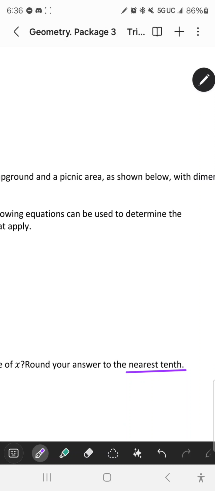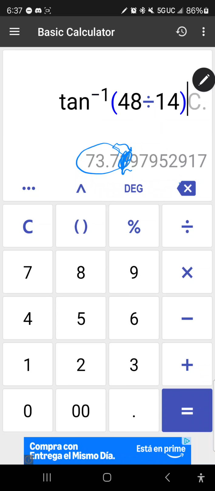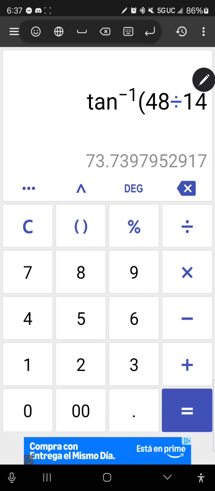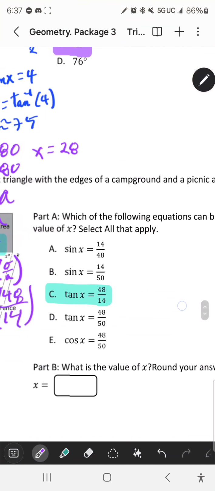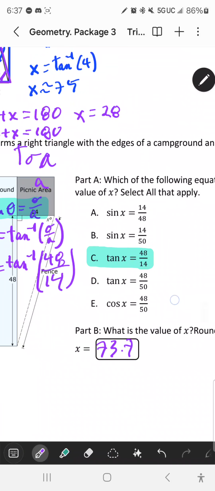Always be careful with this. Nearest tenth is 1 point after the decimal. So it's going to be 73.7 because this number is less than 5. So it states 73.7. And this is the answer.